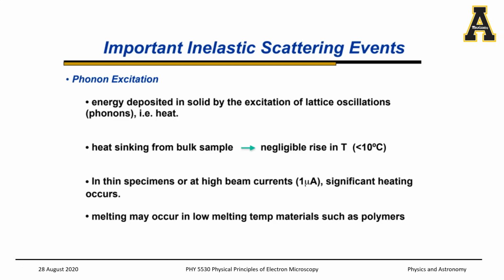You can monitor the amount of heat that is coming out of the specimen and get information about the quality of the sample itself. Now, if you had a soft material, for example a polymer, it's possible that the incident energy from the electrons is so much that the polymer melts all the way.